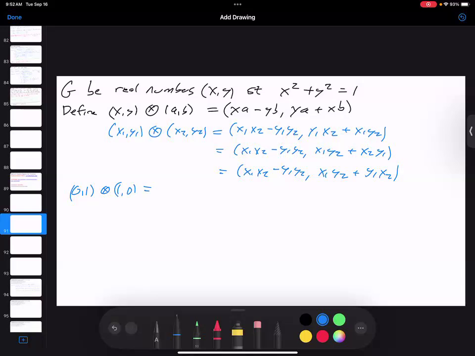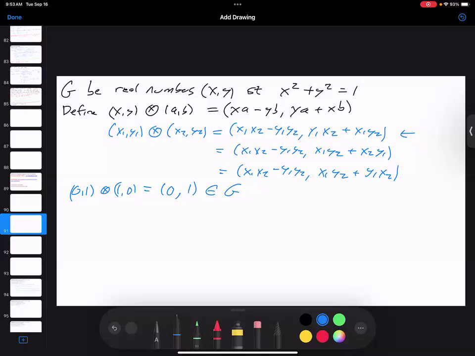Let's use the first definition over here, that we would have x1, x2, which is going to be 0, minus y1, y2, which is going to be 0, right? And then we're going to have y1, x2, which is going to be 1, plus x1, y2, which is going to be 0. And that is in G.